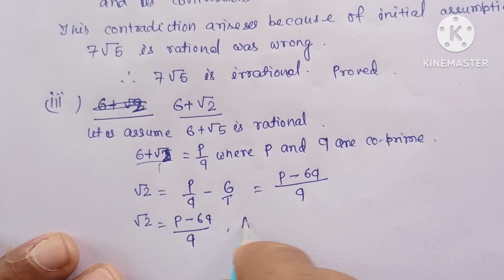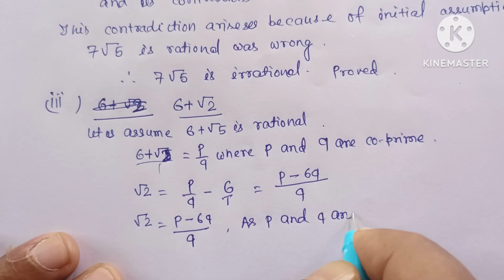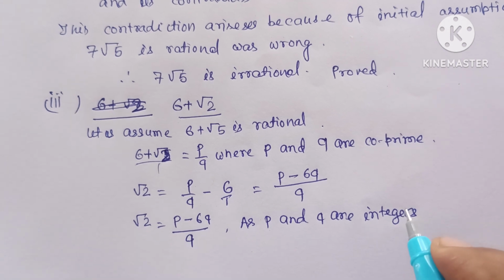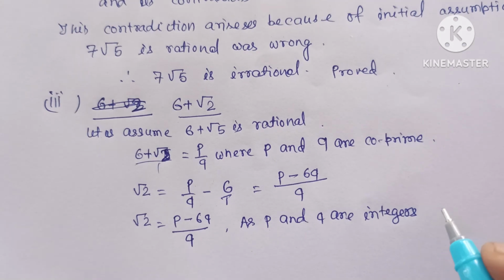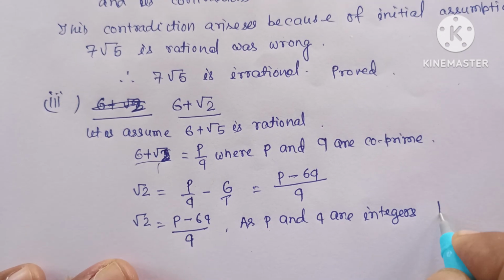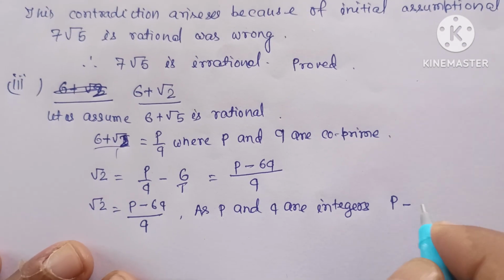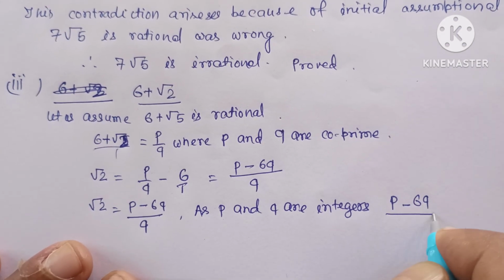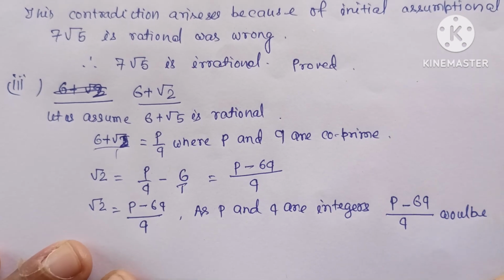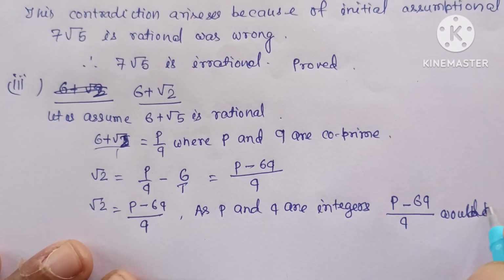As p and q are integers, and you know the fact, I think in the introduction only, that any integers will be rational numbers. As p and q are integers, p minus 6q by q would be rational.